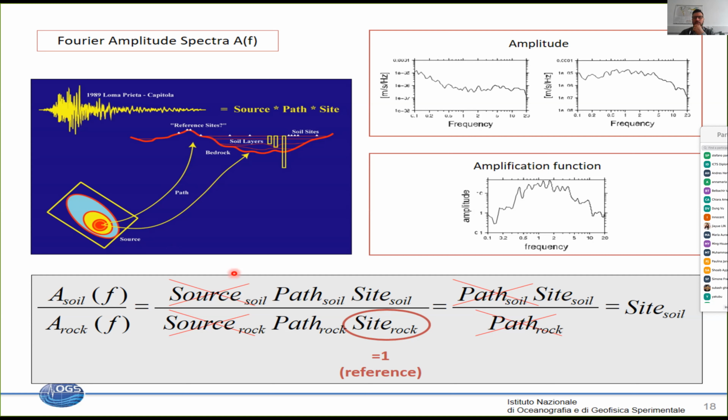So when we take the spectral ratio between the recording on soil and the recording on rock, we are canceling the two source terms because the stations see the source in the same way. We are also canceling the two terms related to the propagation. And since our rock site is a reference, we can put it equal to 1, what remains is directly the response of the site on soil, so the effect of the propagation in these shallow geological layers.